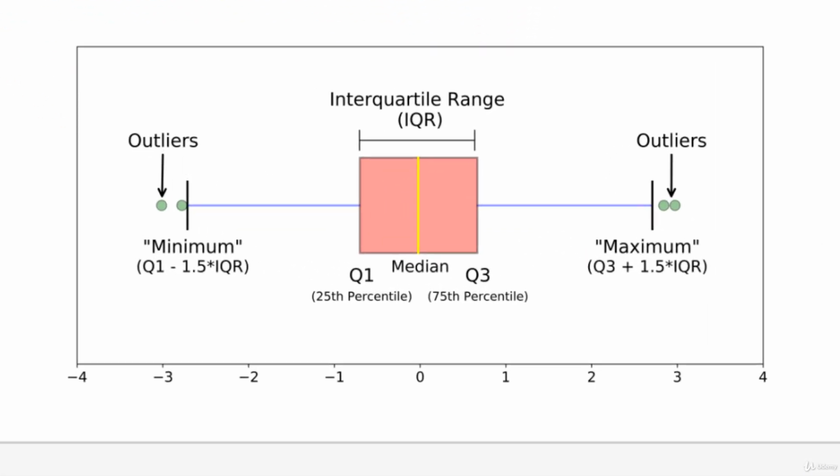What the box plot attempts to do is show you the distribution, and specifically the distribution across different categorical features. So here we see just a single box plot, which shows just a single distribution. And what this does is it splits up the data into 4 equal parts.